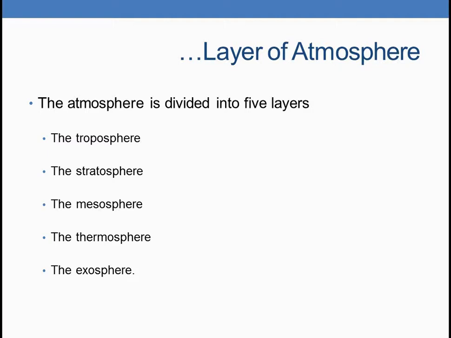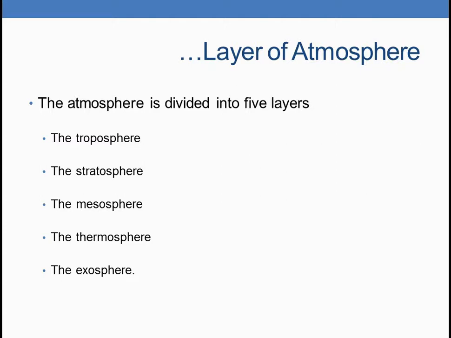The ozone layer, which absorbs and scatters the solar radiation, is in this layer. Then the mesosphere. The mesosphere starts just above the stratosphere and extends to 85 kilometers high. Meteors burn up in this layer.